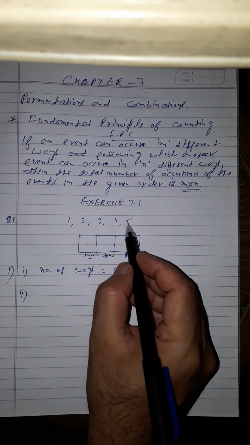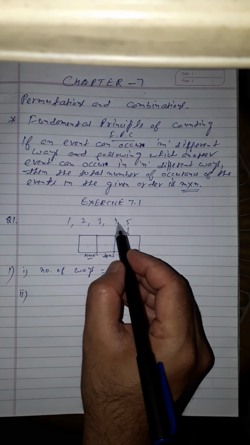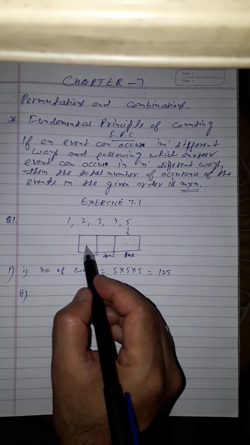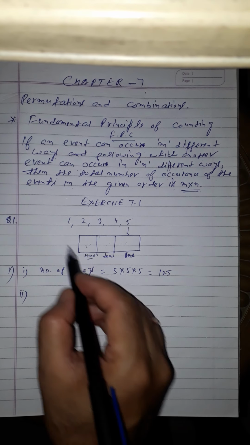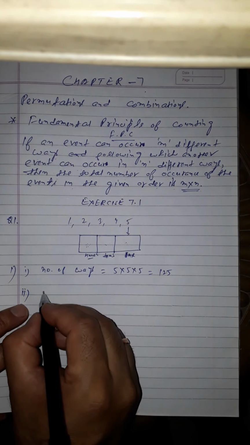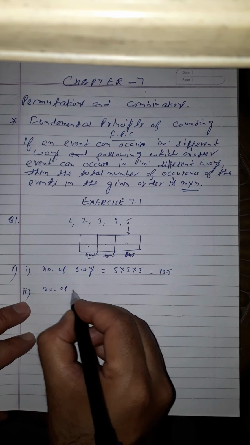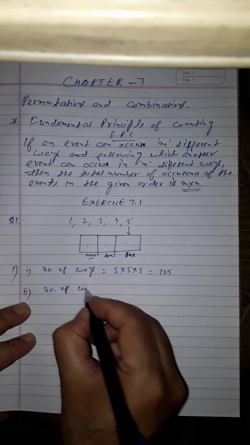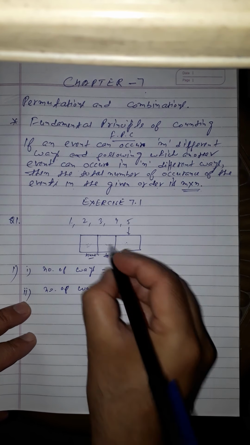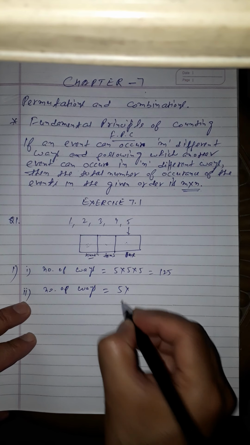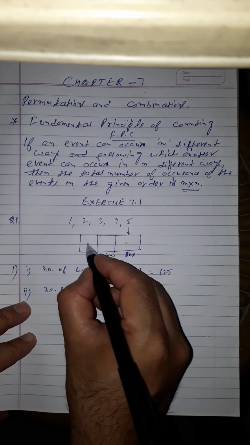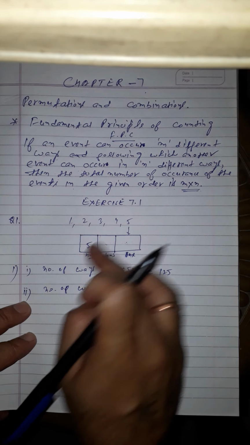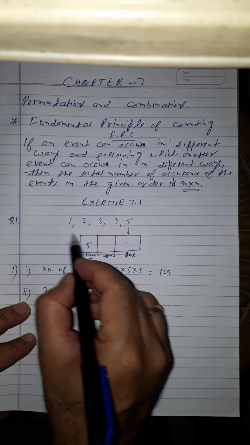How 5 ways? First we will use 5 here, secondly 4 here, then 3 here, then 2 here, then 1 here. It means there are 5 ways to fill it. Whatever the digit, for example if I use the digit 5 here, then since I have used this digit, the rest of the digits are 4.